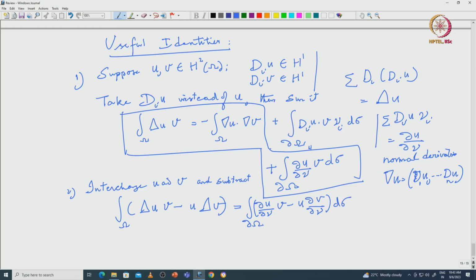Maybe one last identity before we conclude. Let me use a different color, so that I do not need one more page. Suppose u bar is a vector u1 up to un, which belongs to H1 of omega; each component belongs to H1 of omega. So we can apply the first equation to ui and sum it.